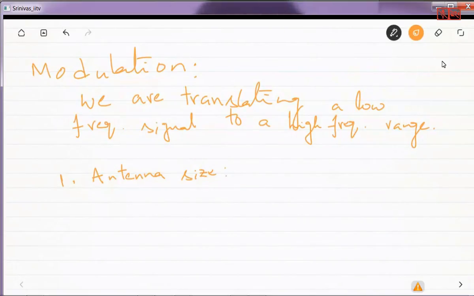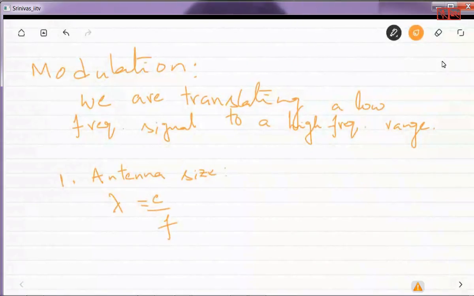What is the relation between wavelength and frequency? Wavelength lambda is equal to c by f, right? C is the velocity with which the EM wave propagates through free space, and here we are talking about propagation in free space.